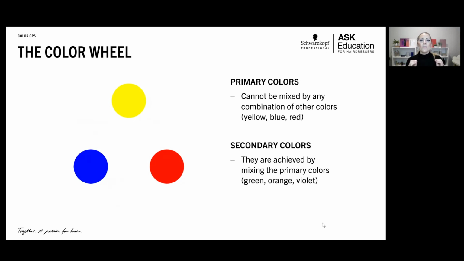If we mix all three primary colors together, it should create neutral. And if we mix the opposite on the color wheel, so our secondary colors, with a primary color, it will also create neutral, right? And how come that works? I always think that that's an interesting question. So it really is just working smarter, not harder.